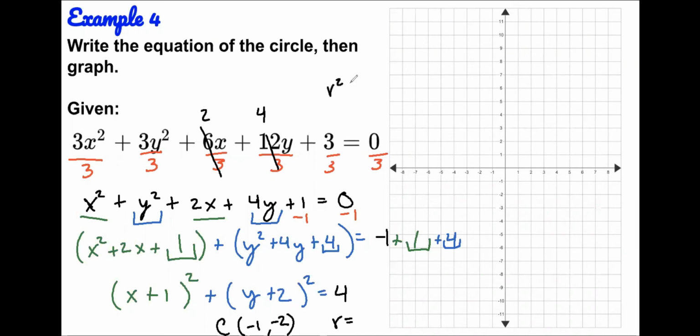So r squared is 4, square root, r equals 2, positive 2, and that's correct. So negative 1, negative 2, my radius of 2. And I go ahead and graph my circle. Any questions on all of this?